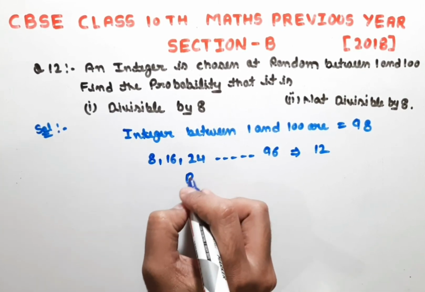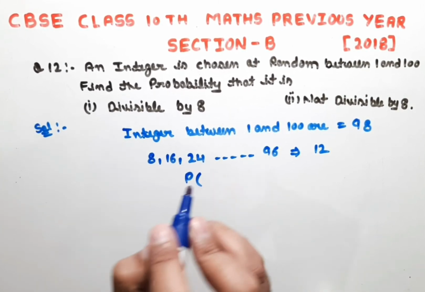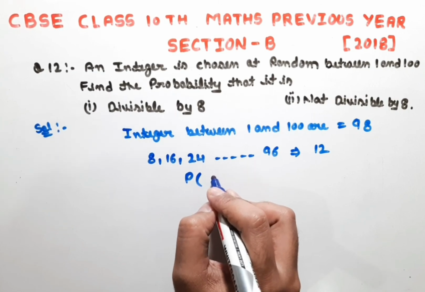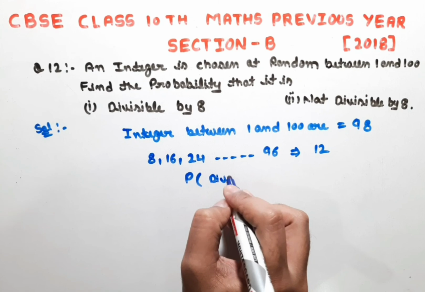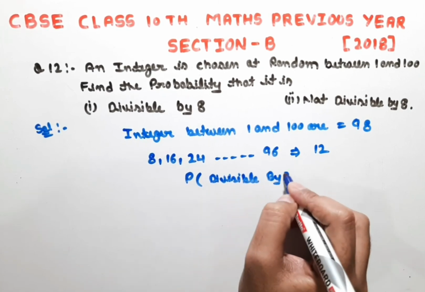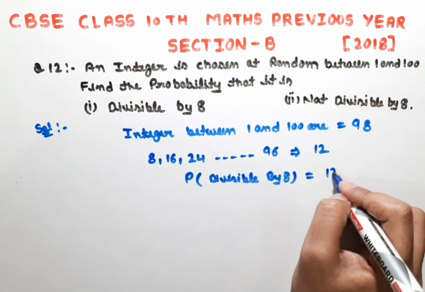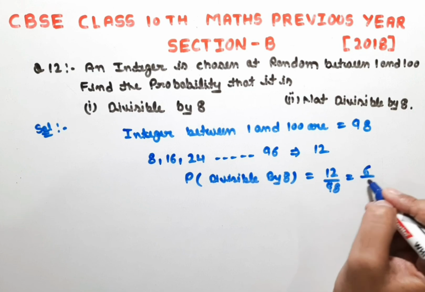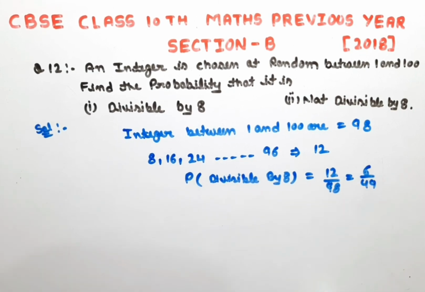So probability of an integer divisible by 8 will be 12 upon 98, that is 6 upon 49.